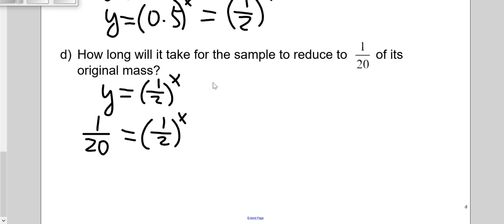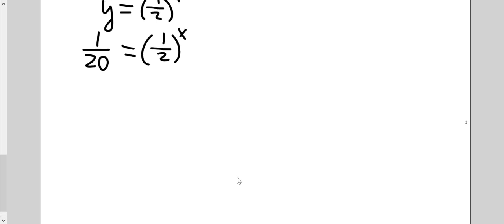In this case, I personally prefer to plot this side as a separate graph, plot this side as a separate graph, and then find the intersection point. If you look at your graphing calculator, the intersection point would be 4.32 and 1/20th.